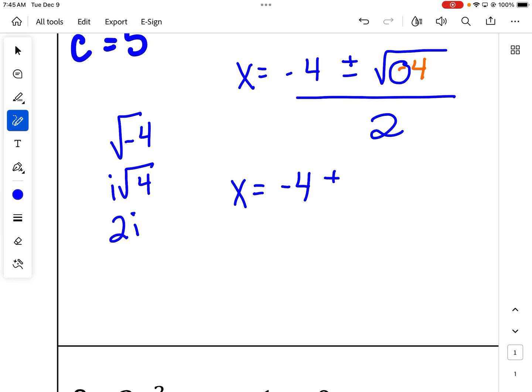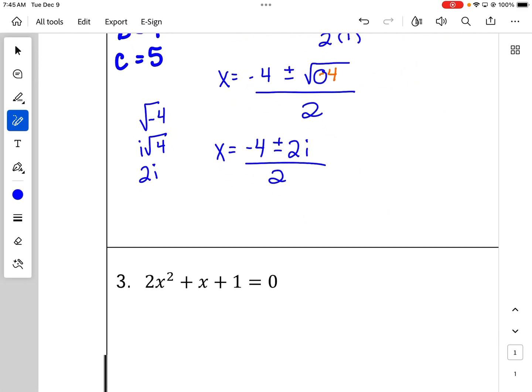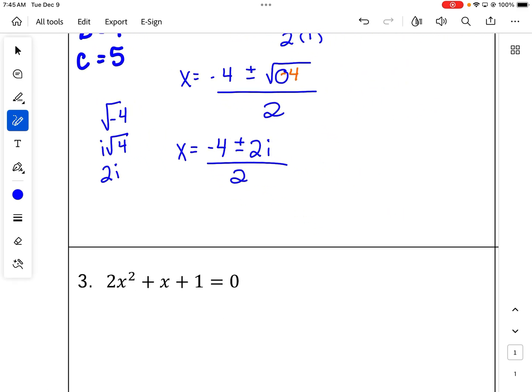So now we replace that square root of negative 4 with 2i over 2. And then we look to see if we can simplify. Well, 2 is a denominator. Look at our two coefficients, the 4 and the 2. Can they both be divided by 2? Yeah, so we will. I like to show you this, though.